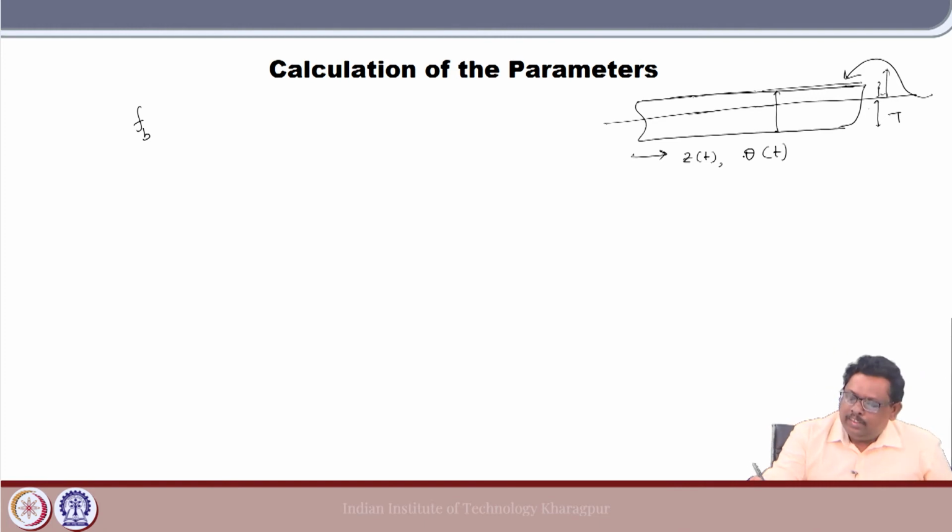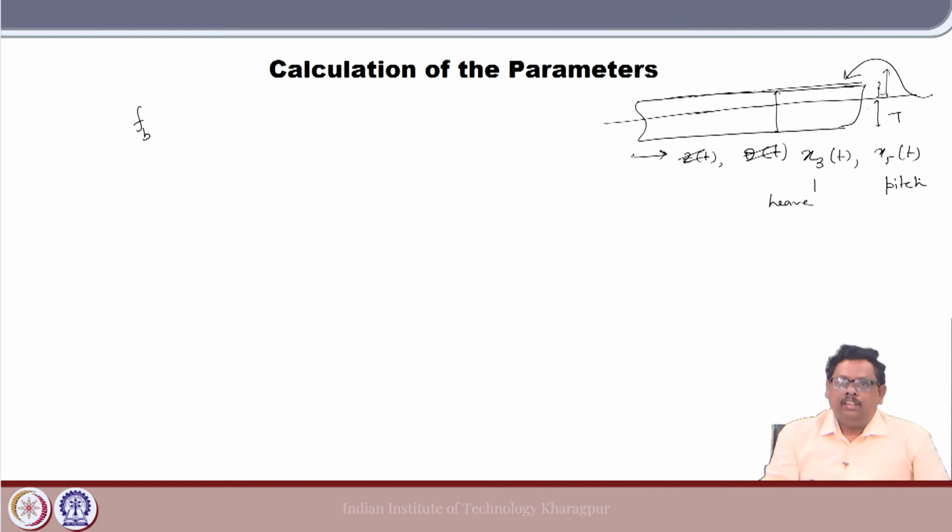In our notation, let us say x3 and x5 of t. So this is heave and this is pitch. It means the vessel is not still, it is moving in heaving as well as pitching.